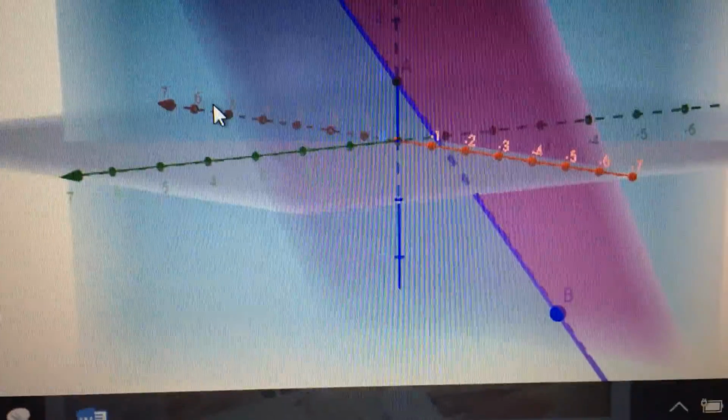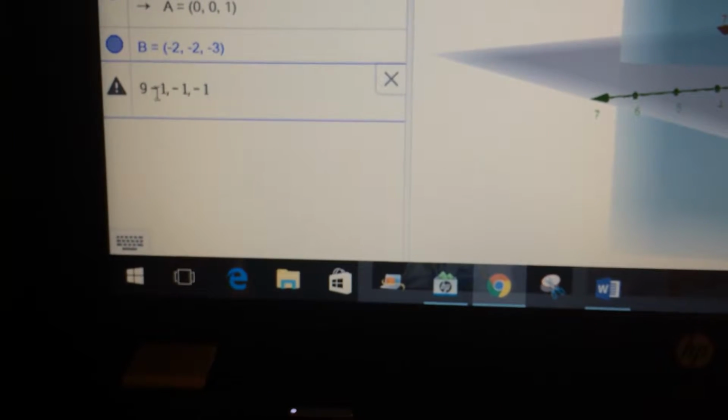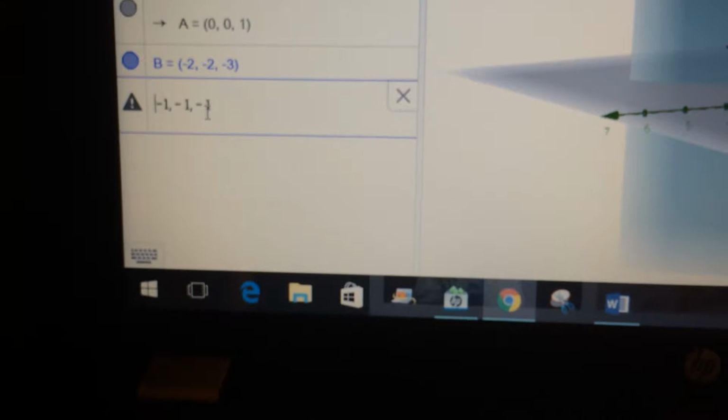Now to test out further coordinates, I'm going to go over here and again type in some of the coordinates I found using my tabular representation. So we have the coordinate value negative 1, negative 1, negative 1.